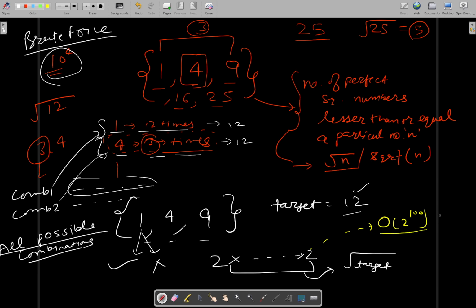So this number of operations is very much greater than the operations limit. This is the ops limit, 10 raised to power 8.